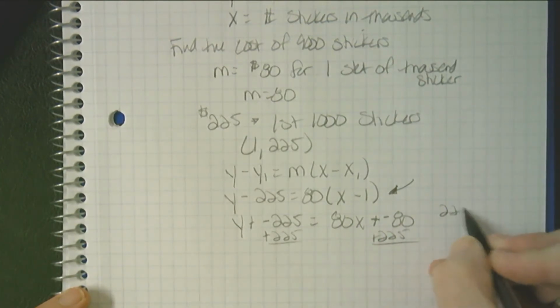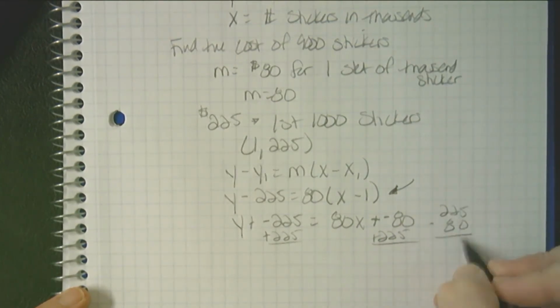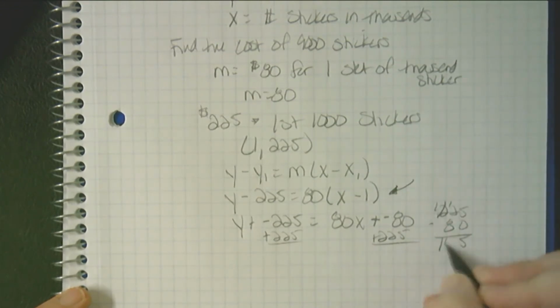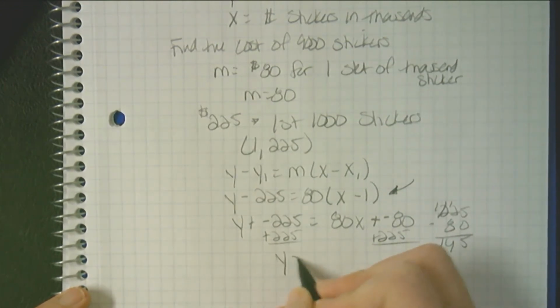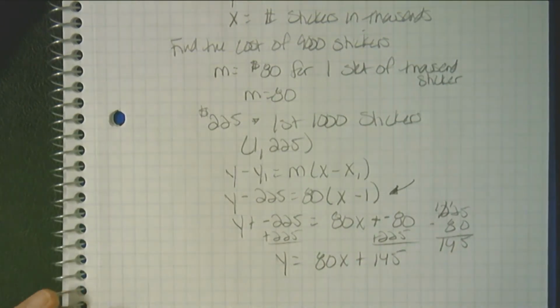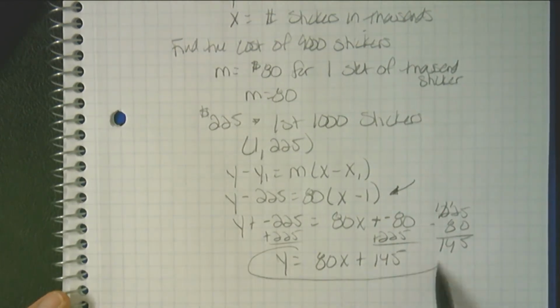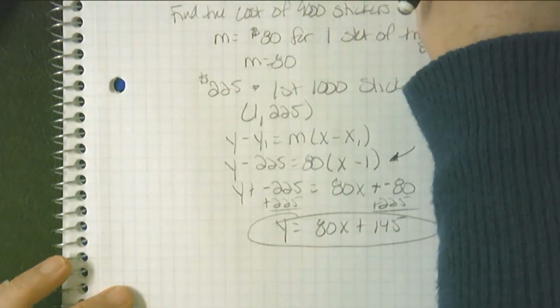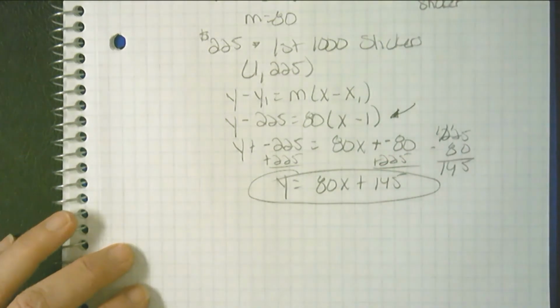So 225 minus 80, 145. Y is equal to 80x plus 145. There is your slope-intercept form. There is your equation.